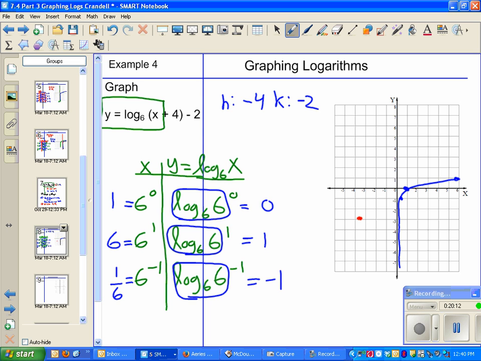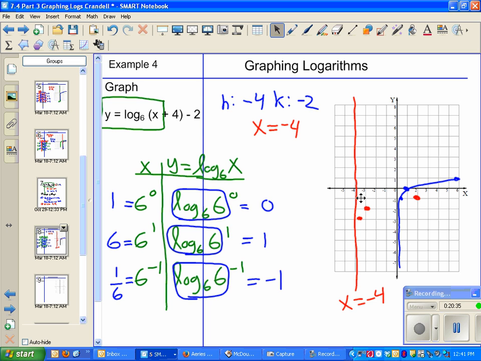Take this point at 1, 0, go back 4, and down 2. Take the point at 6, comma 1, go back 4, down 2. Okay, and my new asymptote is at x equals h, negative 4. Those should match. So here's my new asymptote at x equals negative 4.